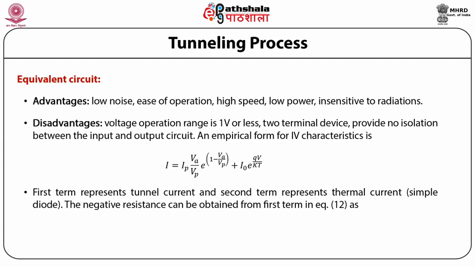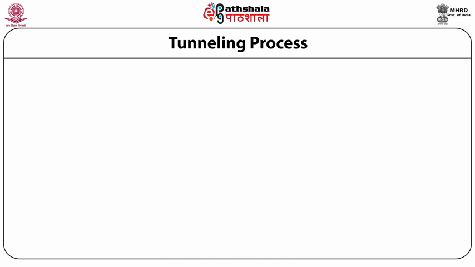And the negative resistance is given by R equals (dI by dV_A) to the power minus 1, equal to minus of (V_A by V_P minus 1) multiplied by I_P by V_P times exponential of (1 minus V_A by V_P), the whole to the power minus 1.